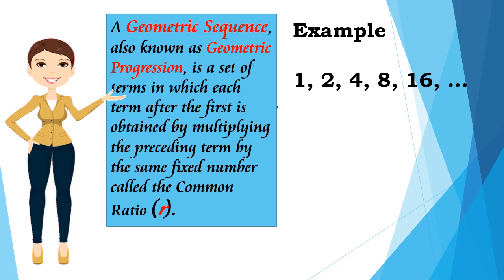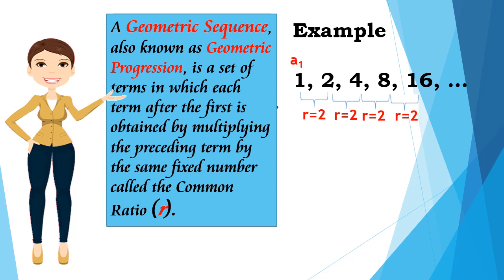So let us try to get the ratio of 2 and 1. That is 2. 4 and 2, the ratio is also 2. 8 divided by 4, the ratio is also 2. And then 16 divided by 8, the answer is 2. So, we have proved that the common ratio is equal to 2.